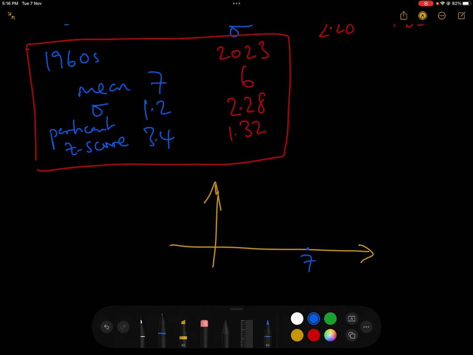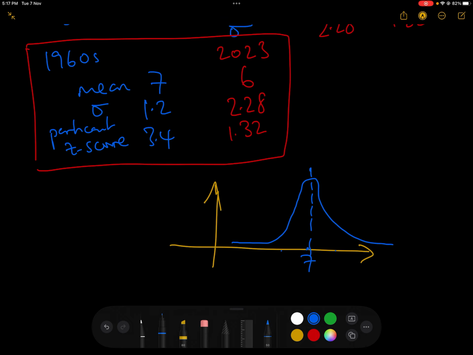Because the standard deviation was 1.2, the average participant was around 1.2 from the mean. So if that's about 6 and that's about 8, this would have been roughly the 1960s: the mean of 7, and the average participant around 1 or 2 from the mean.